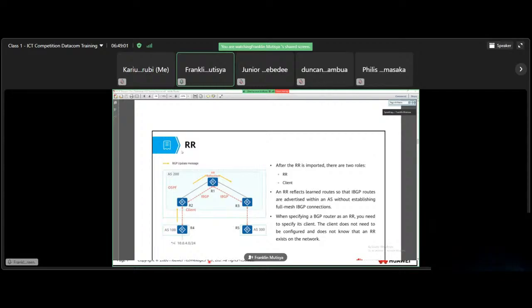So to avoid this kind of mess, we configure what we call a route reflector. A route reflector acts like a pivot point within that network. The route reflector is used to distribute routes that have been learned in different parts of the IBGP.